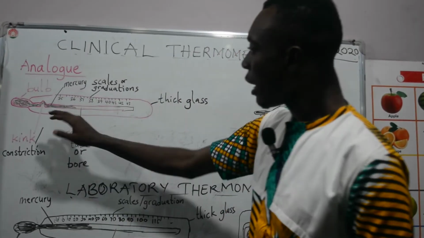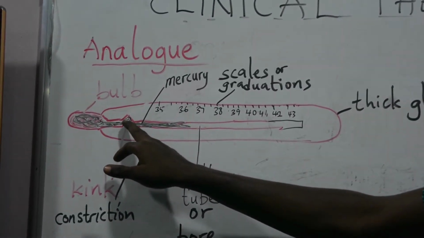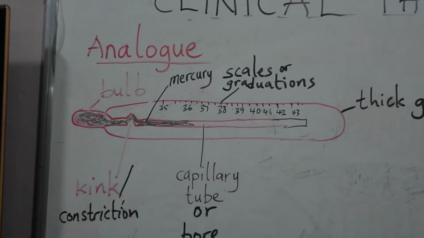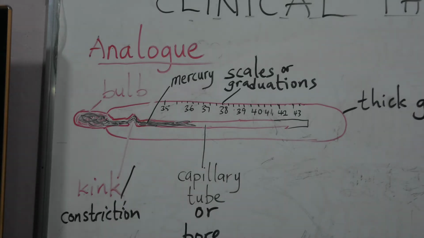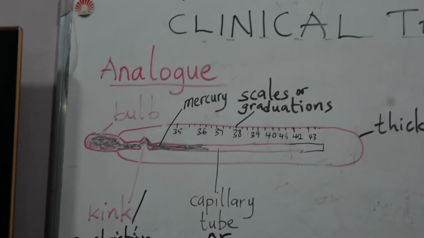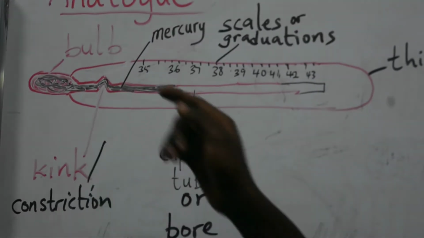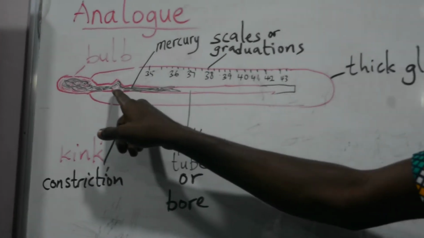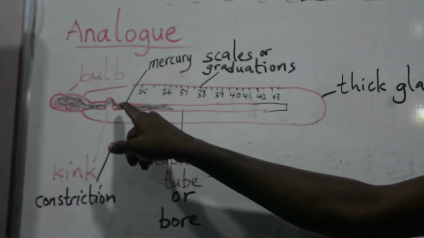Now, if you look closely, this place is a bit slanted. That edge you see is called a kink. Others refer to it as constriction. Kink or constriction. This is there to stop the free flow of the mercury.